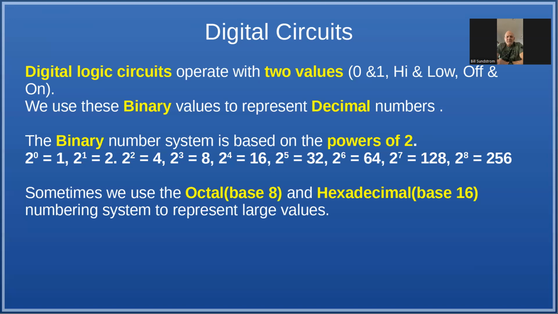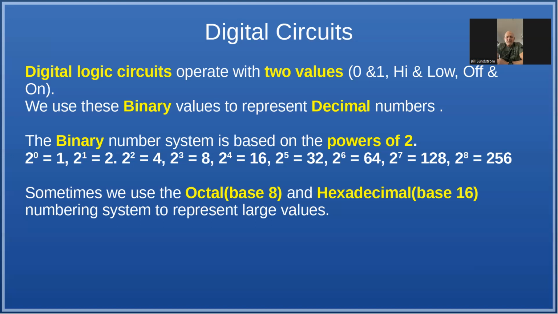In the case of the binary system, we're using powers of 2. So each state represents a unique value. So we'll go up 2, 4, 8, 16, 32, on and on and on.